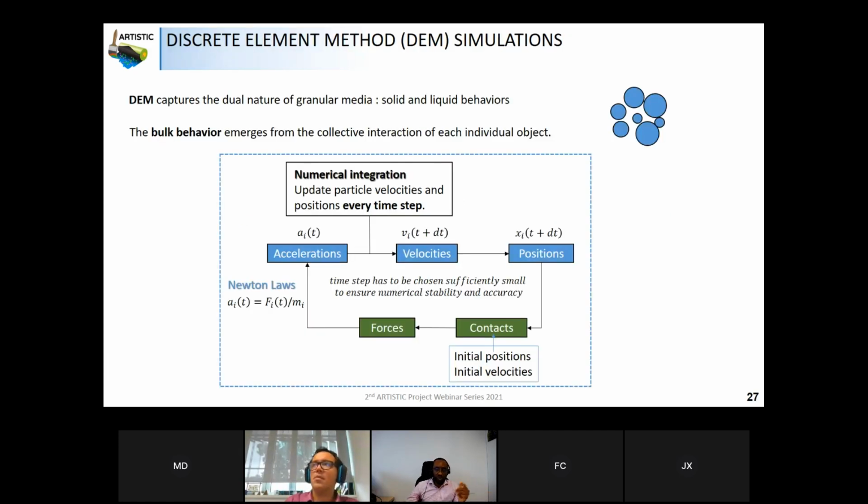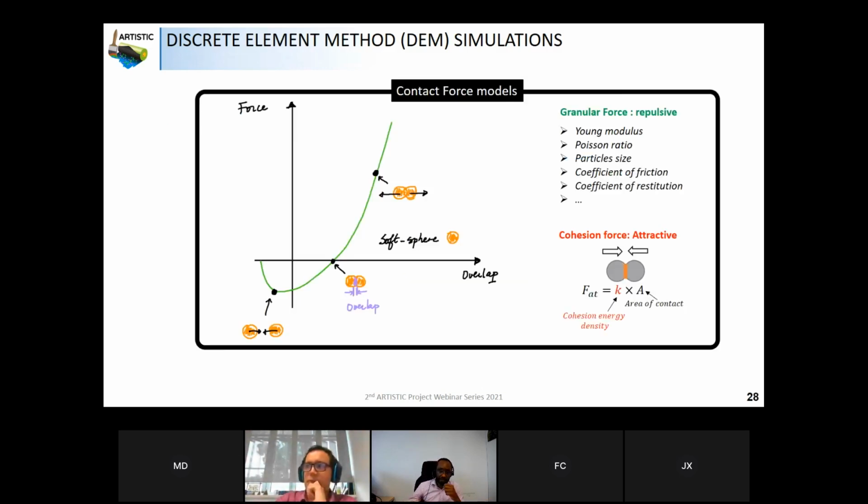So just to say something about the DEM, as I told you, it's a way to capture the granular medium, and you can simulate the solid or the liquid behavior of your system. The idea is almost like molecular dynamics. You start with the initial structure, then you calculate the contact, the force, and so on, and you iterate.